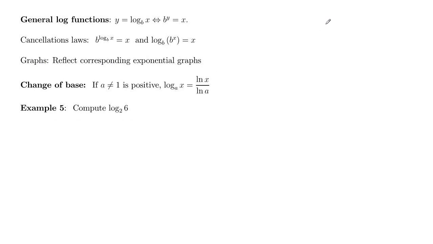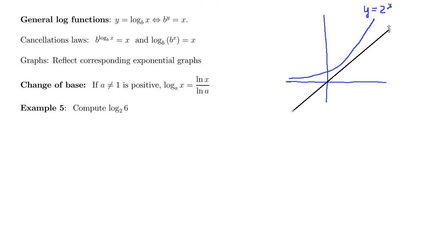Now to get the graph of log base b, you're going to reflect the corresponding exponential graph. So for example here, we know what y equals 2 to the x looks like. And if we wanted to graph log base 2, then we would need our y equals x line right there.